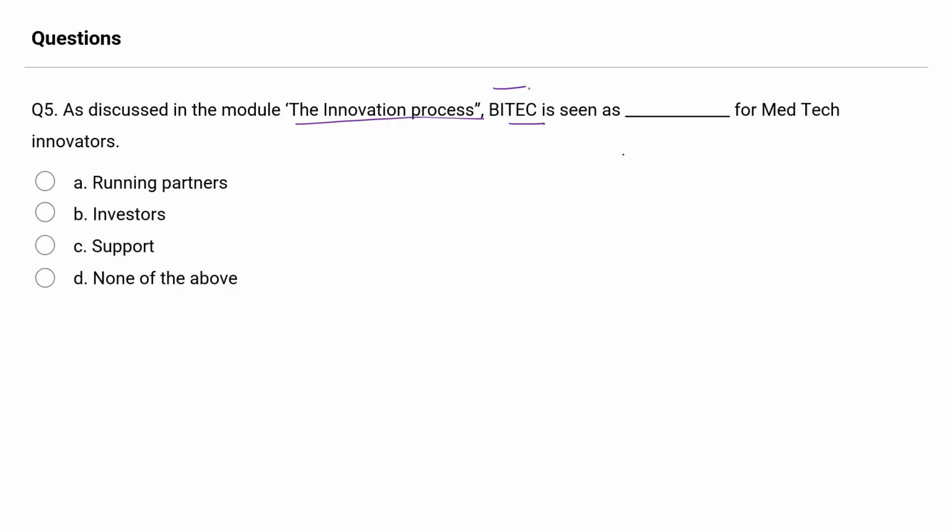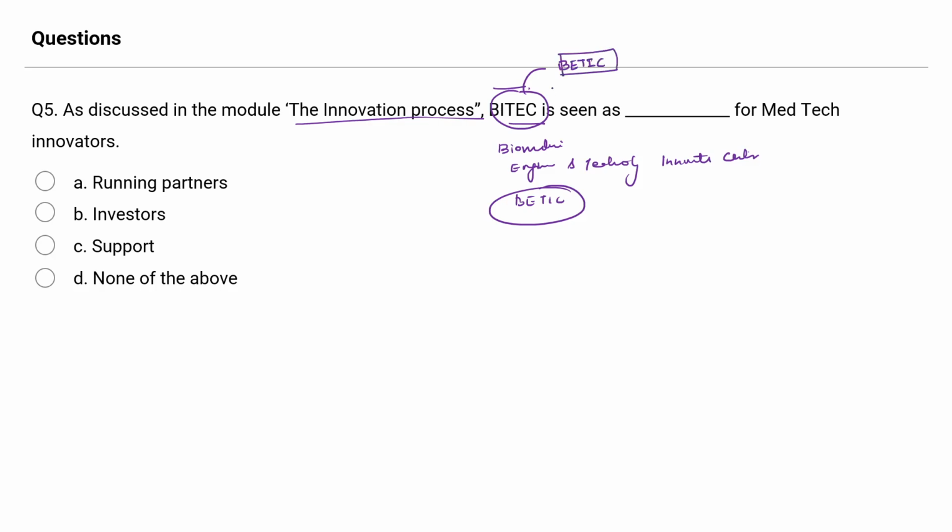Okay. BITIC is, again, I'll just write. So the spelling is wrong here. That's why I got a little confused of this BITIC. Biomedical Engineering and Technology Innovation Center. Okay. So that's my bad in the question framing.